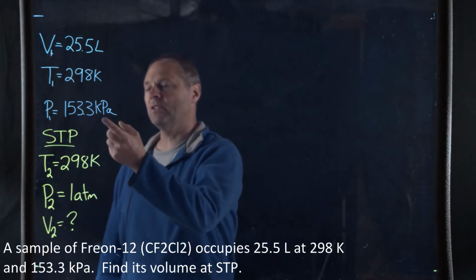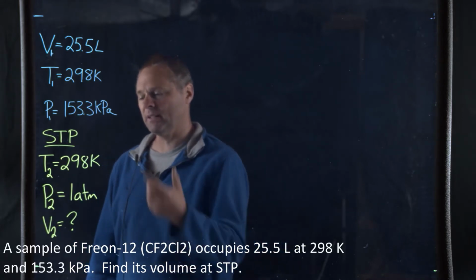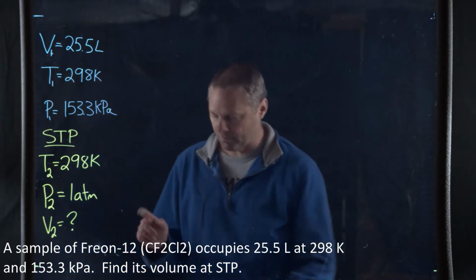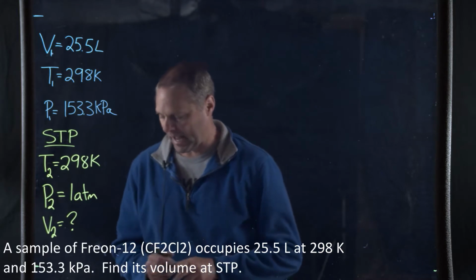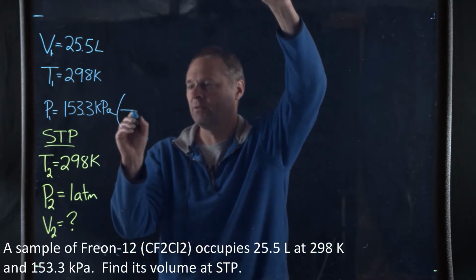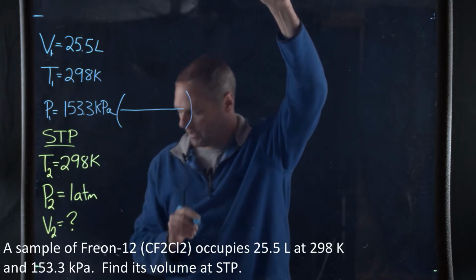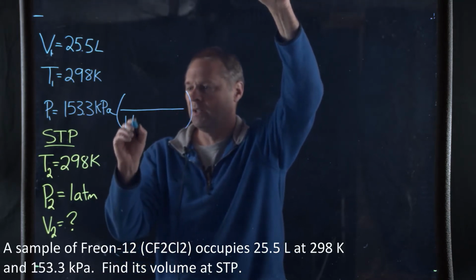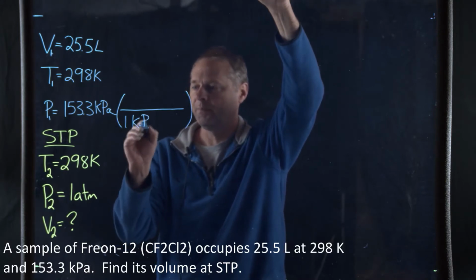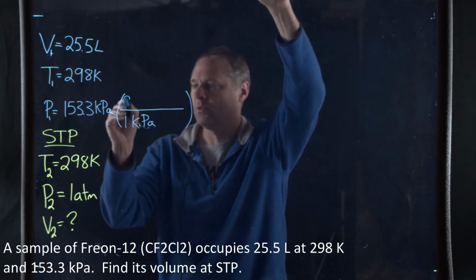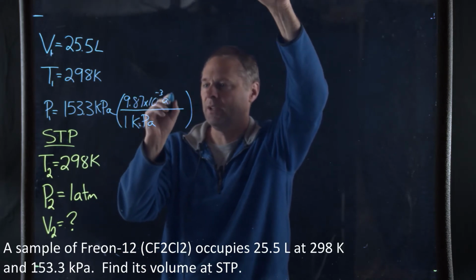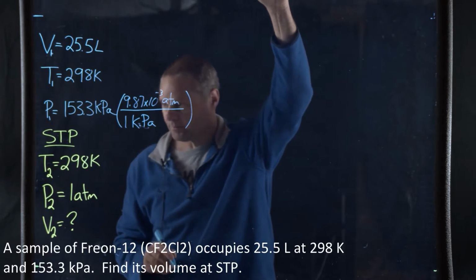We have a pressure of 153.3 kilopascals, and then we have a pressure of 1 atmosphere. So we're going to convert the kilopascals into atmospheres. To do that, we're going to use a conversion factor, and that conversion factor is 1 kilopascal is equivalent to 9.87 times 10 to the minus 3 atmospheres.